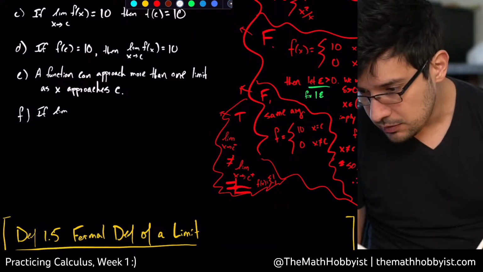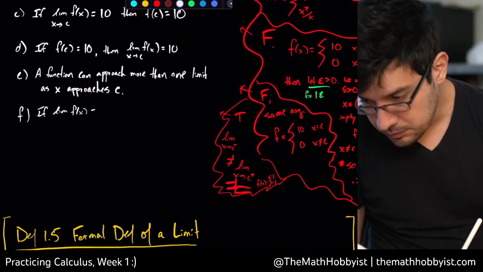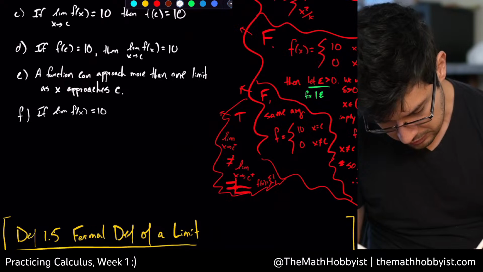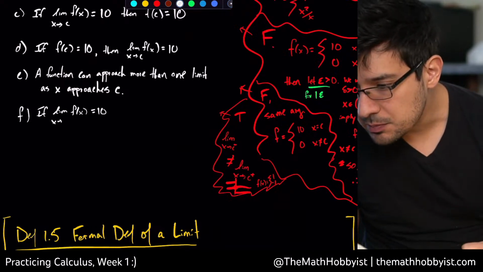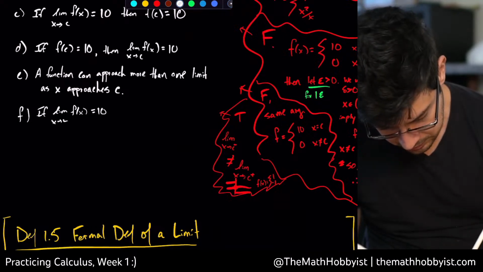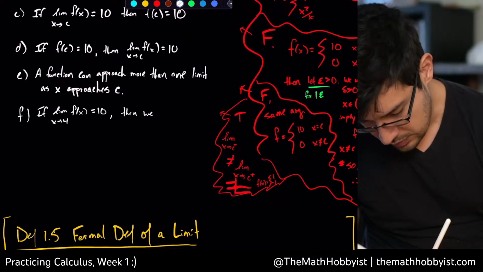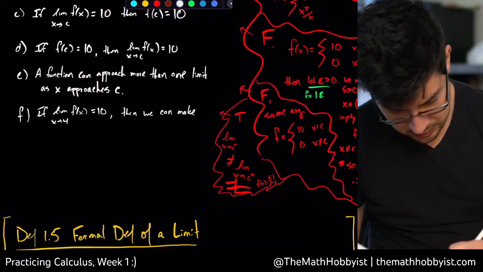If the limit of f of x equals 10 as x approaches 4, then we can make, this one's weird.